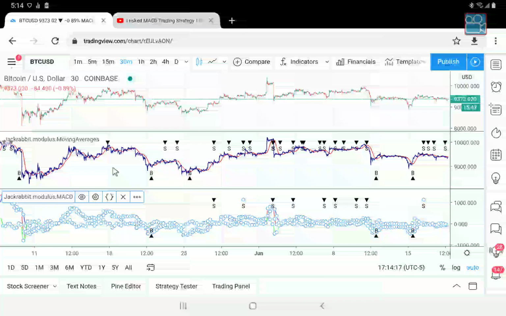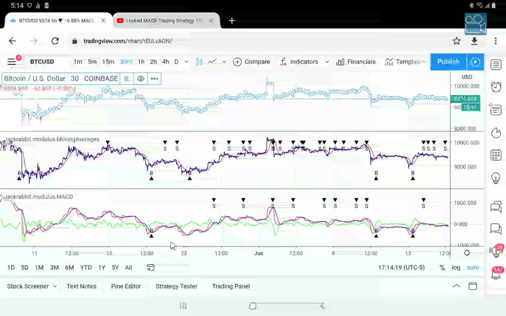The buy signals are always below the sell signals. And this is what you want to put your alerts on. When you make your alerts, you want to make them on the MACD, because this pulls the signal line in from the moving averages.